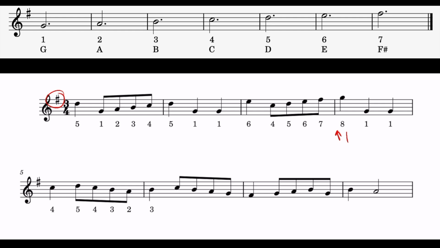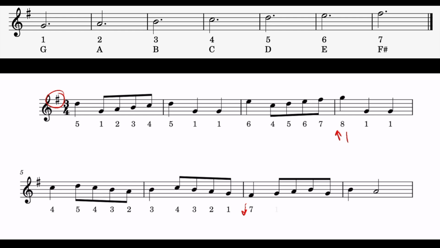Then again, we have another scalic descending pattern, which goes from our C, our 4, B, our 3, 2, our A, G, our 1, and then this time we're going down another step to our 7, our F sharp there. But this time we're hearing that, the octave down, octave lower than we heard it before.